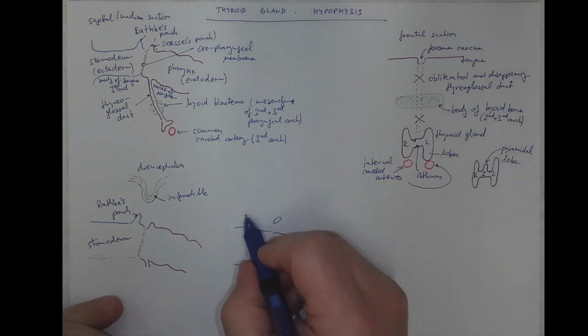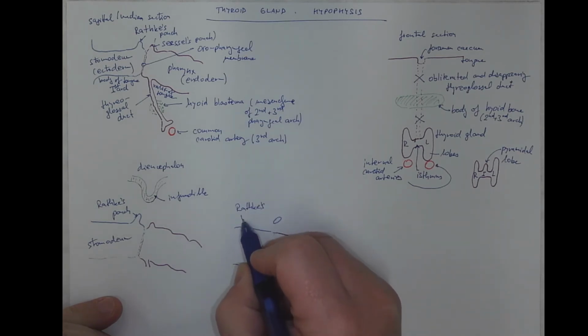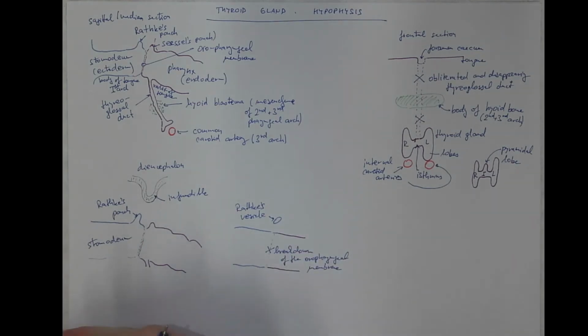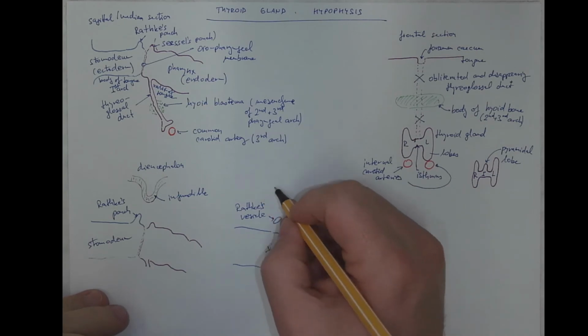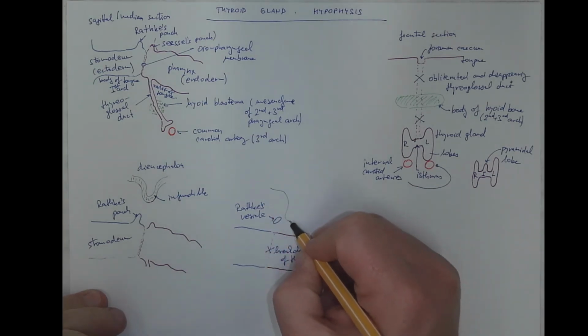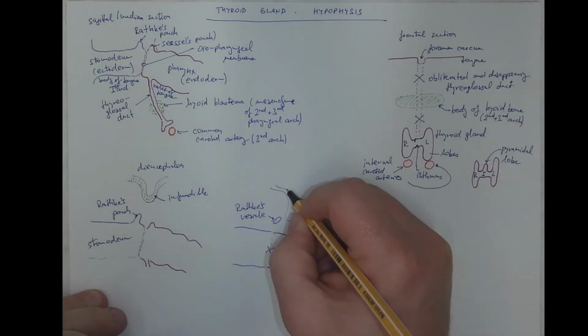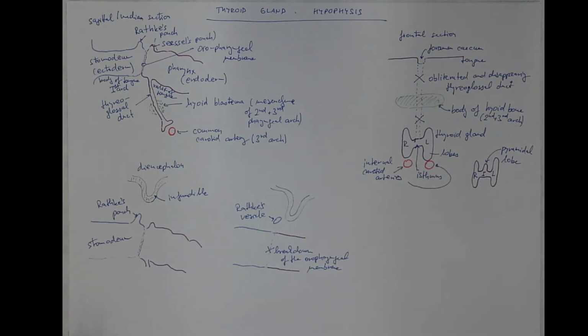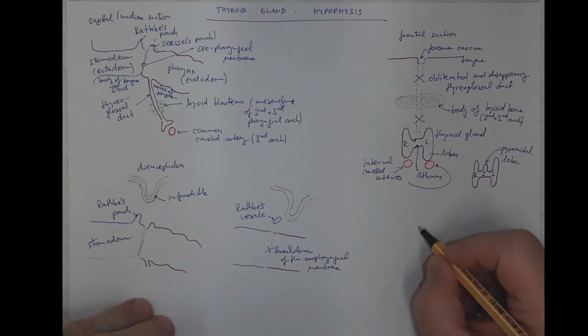And we got an independent Rathke's vesicle that travels towards the infundibulum of the hypothalamus. Finally, these two components will fuse together.